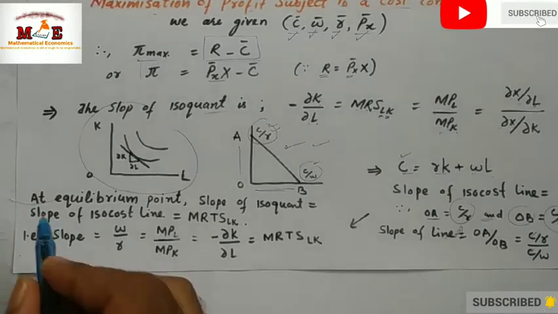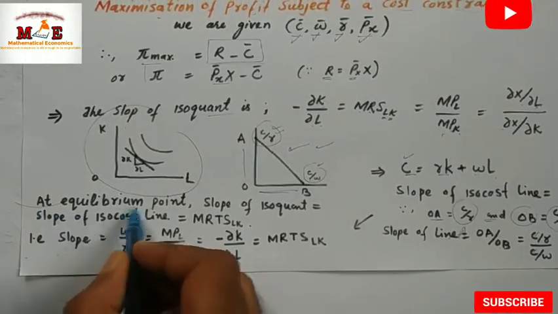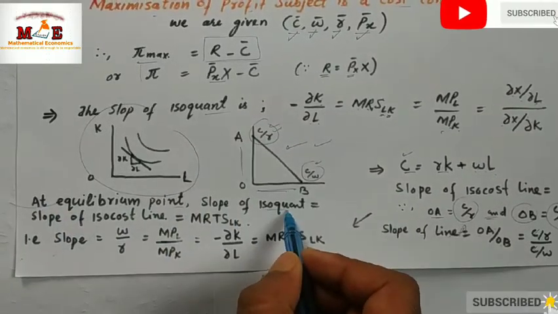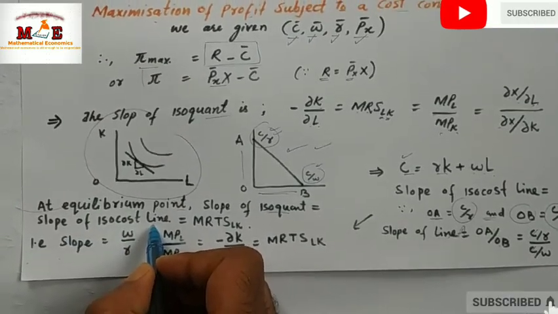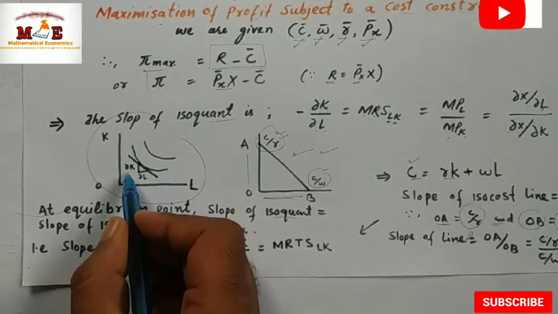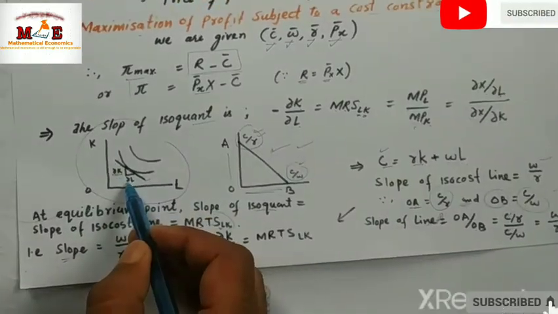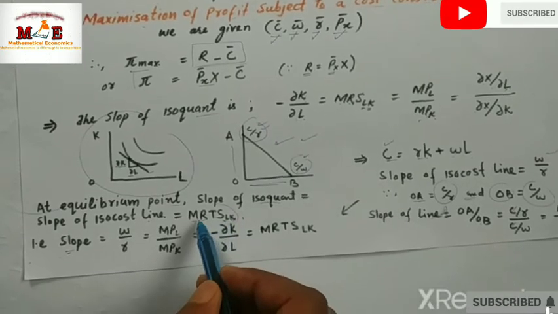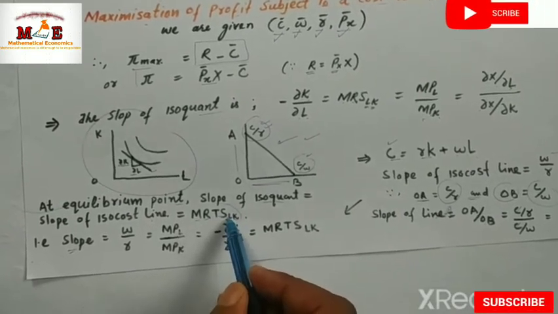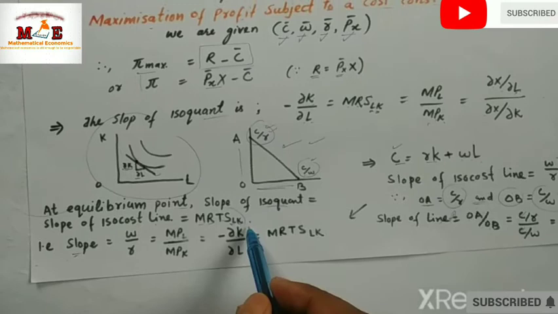Now at the equilibrium point, the slope of isoquant equals the slope of isocost line, where we know the slope of the isoquant equals minus del K divided by del L, which is equal to MRTS LK, read as marginal rate of technical substitution of labor for capital.